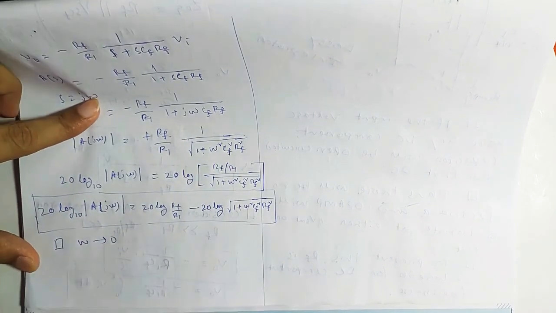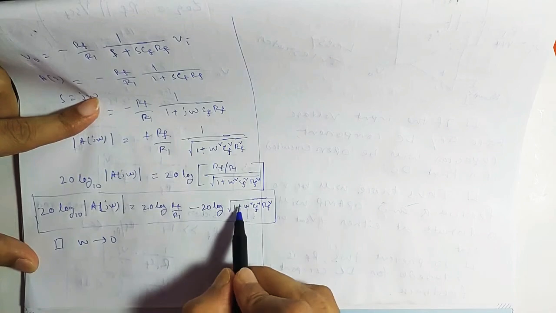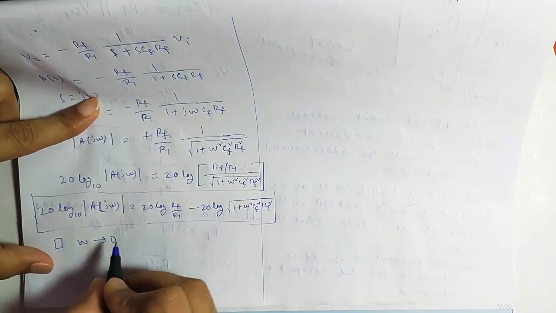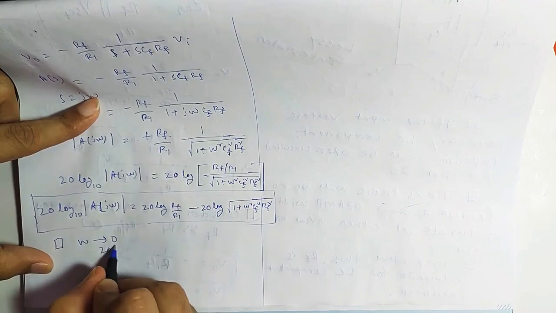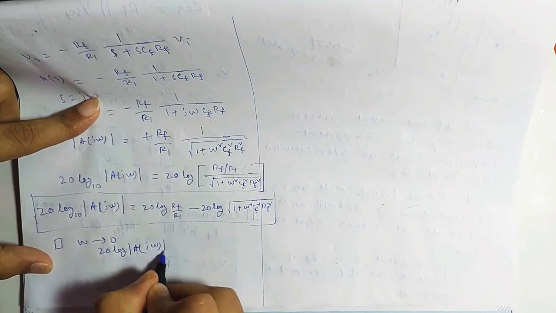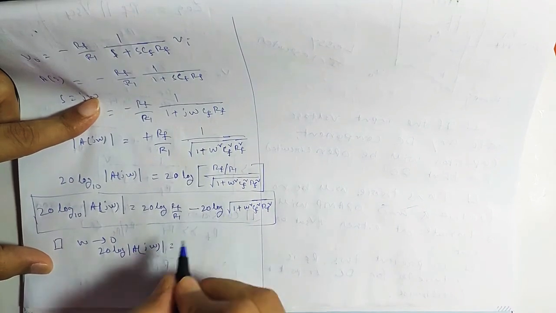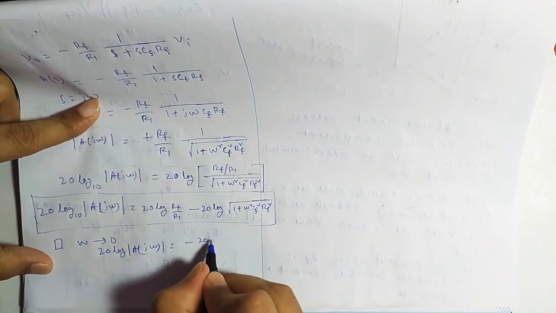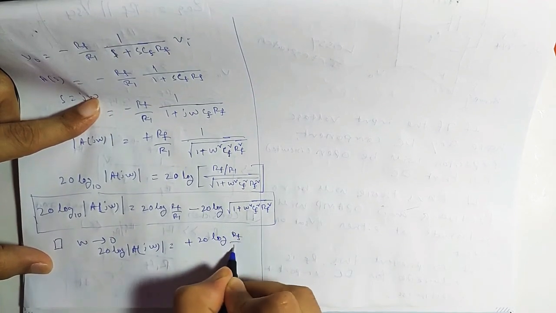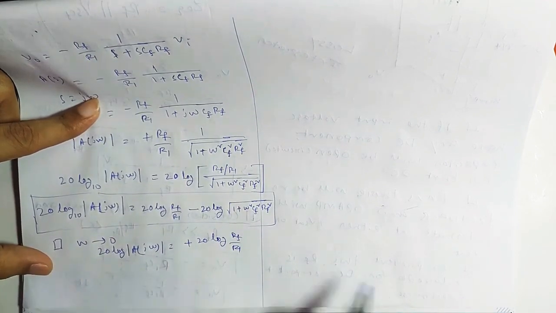So if omega is 0, log 1 will be 0. So the gain will be 20 log, that part is 0, it will be 20 log Rf by R1. So that is the first case.